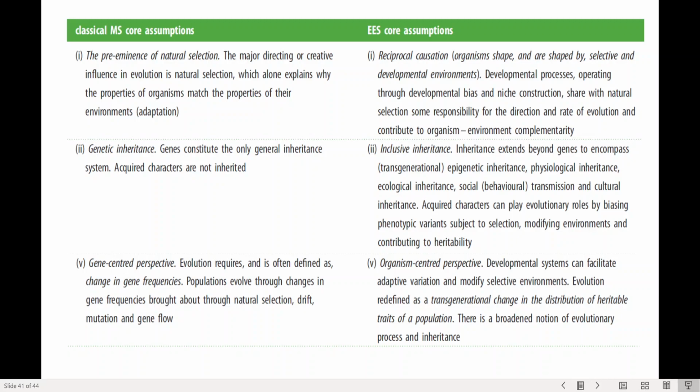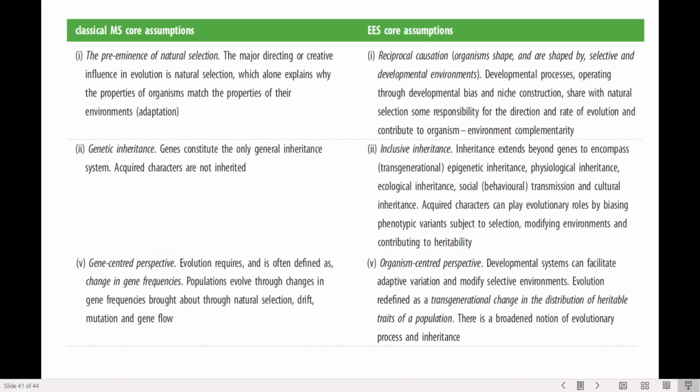So we have developmental bias, we have niche construction, and this leads to relatively complex interactions between genes, culture, and the environment. When talking about health and body states, we also have to consider all of these conditions together.